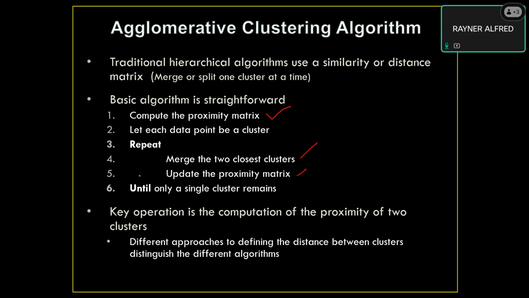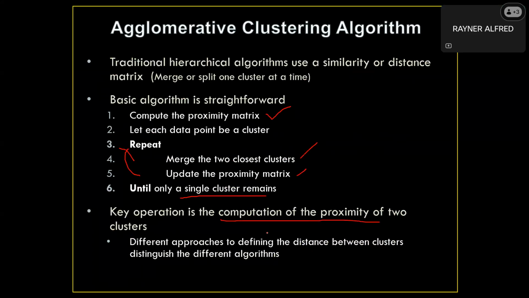You repeat this until a single cluster remains. The key operation is the computation of the distance between two clusters. This is very critical.